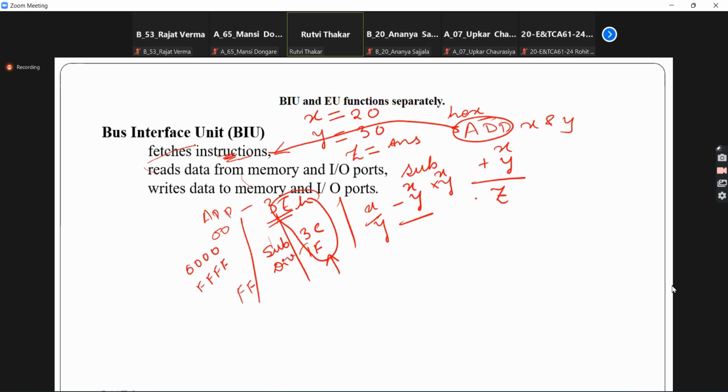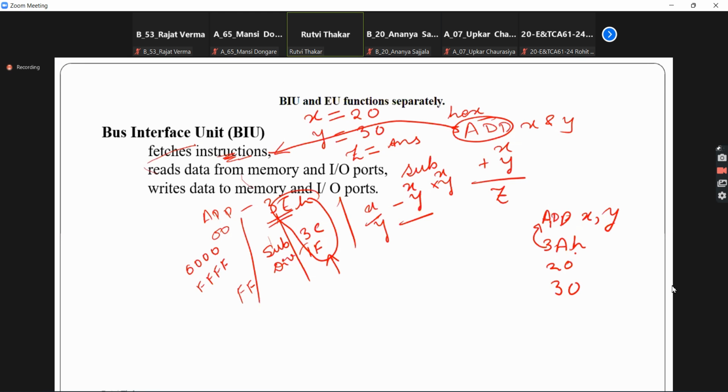So whenever I'm writing add x and y, this is visible to the human eye. We can see this on our screen, but inside the microprocessor, it will be 3a, 20 and 30. 3a is just an example; I'm saying the number for addition could be 3a.